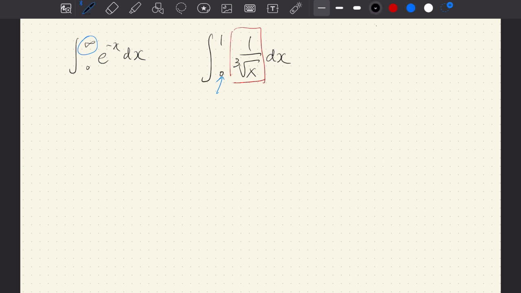So if you try to graph this function between 0 and 1, you can see that it is shaped like this. It goes to infinity when x goes to 0.